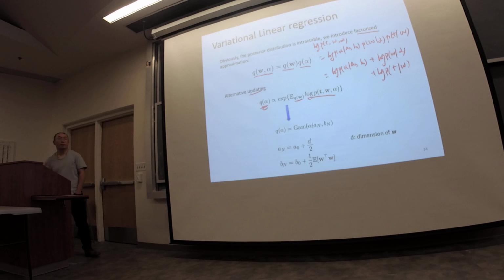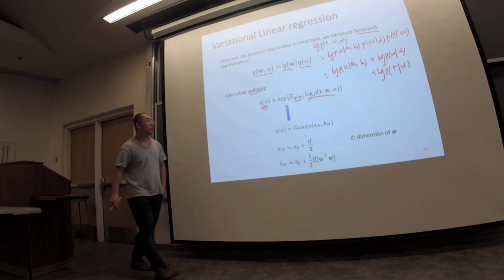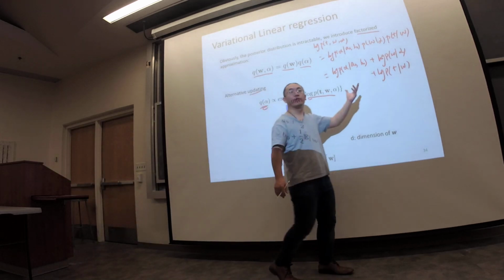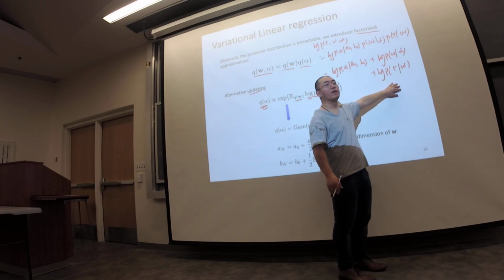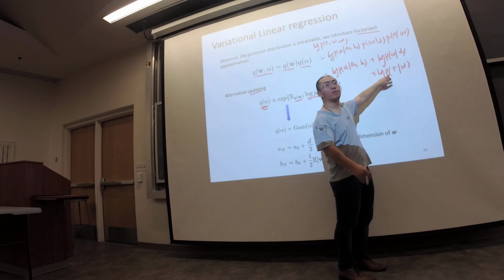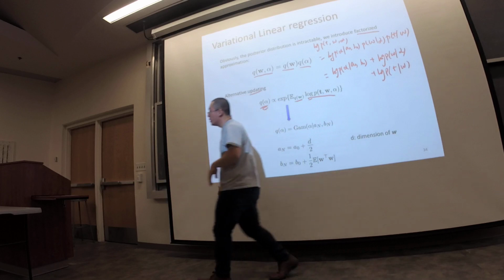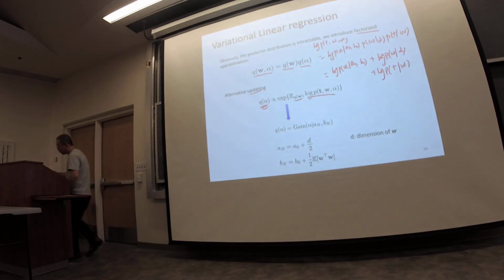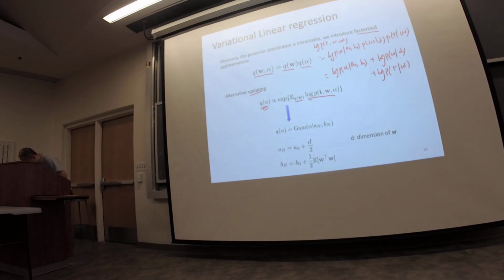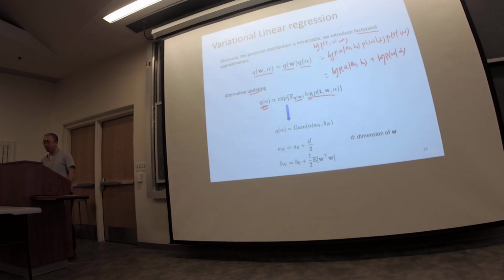So any term that does not relate to alpha, we can throw out because it's constant for alpha. So we do not need to compute the likelihood log term. We only need to look at the log prior of alpha, which is the log gamma, and the log prior of w given alpha.